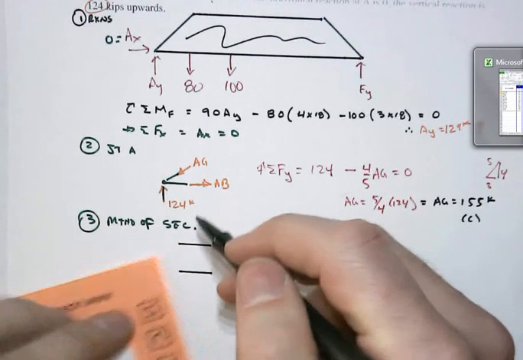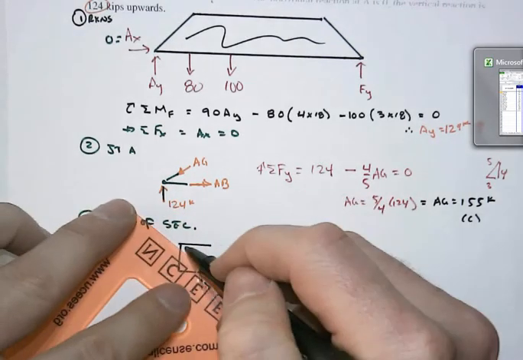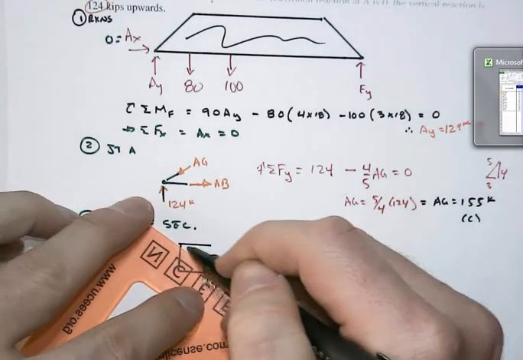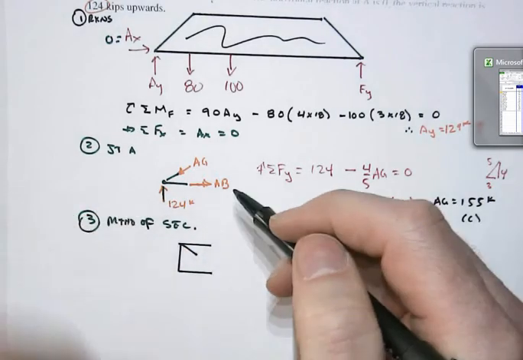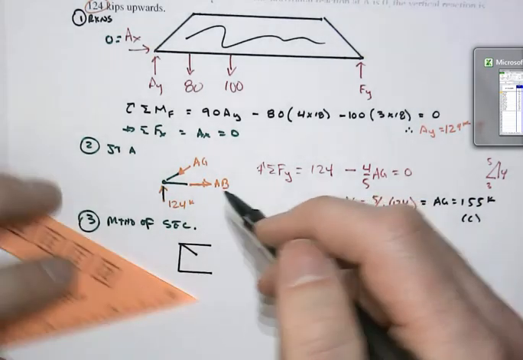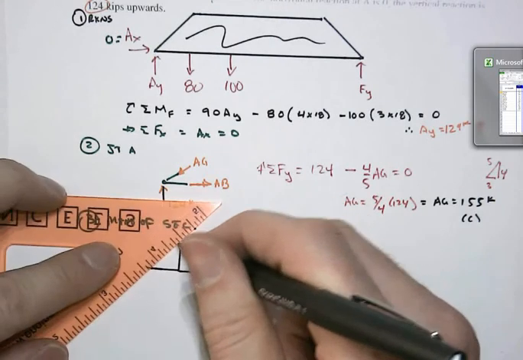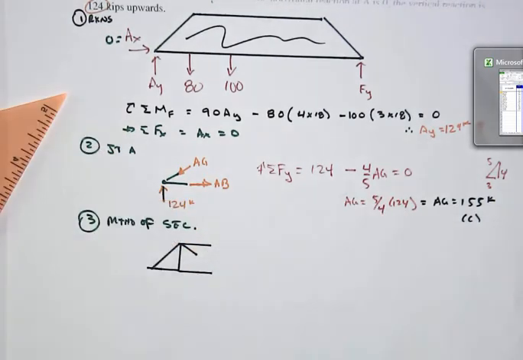Oftentimes the way I make my choices is based upon what's going to look complicated and what's not. And I'm not trying to get this entirely to scale. I just need to get this conceptually drawn in here. Since I did not cut member AG, I've gone back to the original drawing.